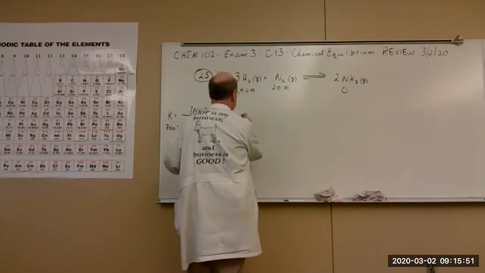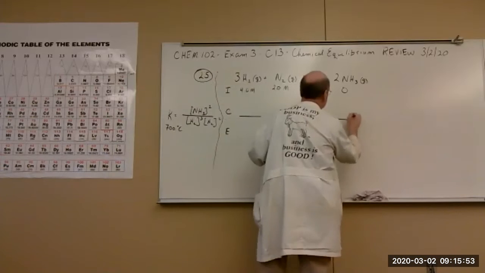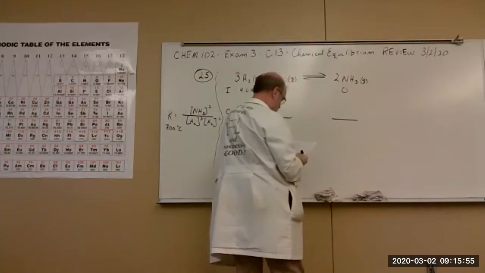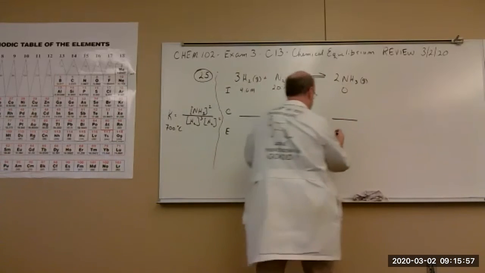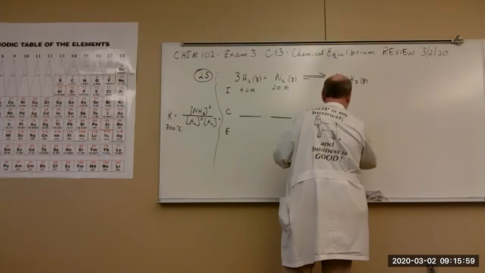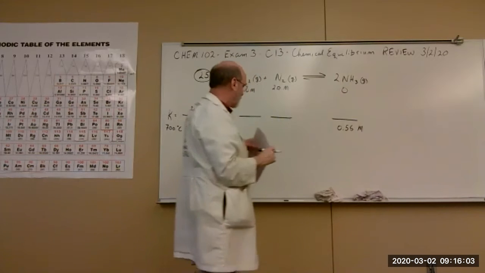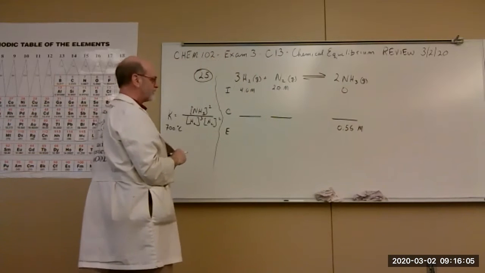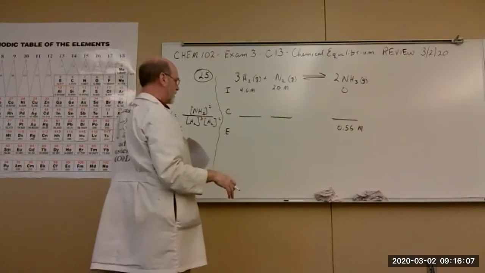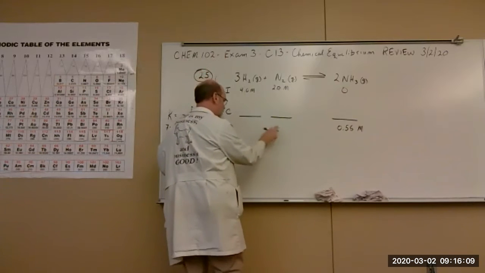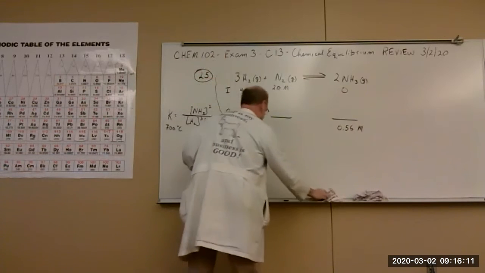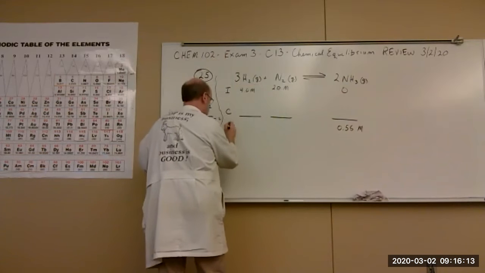What else are we given? We're given the equilibrium amount of ammonia, 0.55 molar. Okay? That's everything that we're given. We need to find values for these two in order to do the calculation.